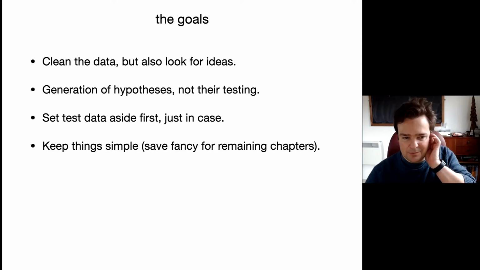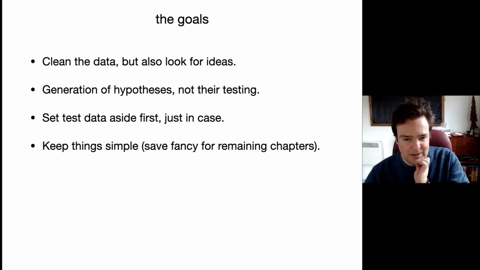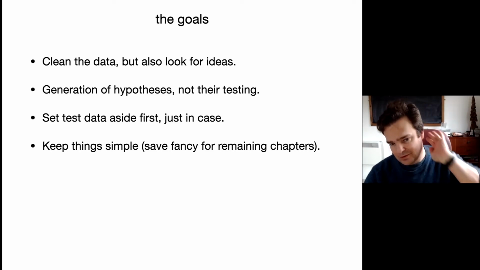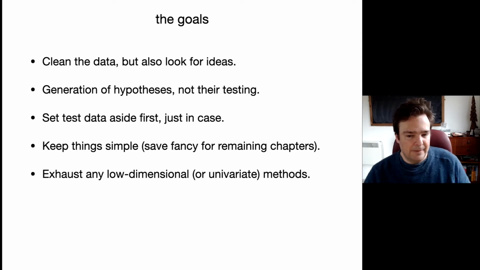It's a good idea at the EDA, or exploratory data analysis, stage to keep everything as simple as you can, or at least not go too fancy. You want to save fancy stuff for later on. Like I said, hand tools rather than power tools, rather than elaborate methods. You want to use tools that come from analyses that use only a couple of the variates or even just one variate, some really basic tools.